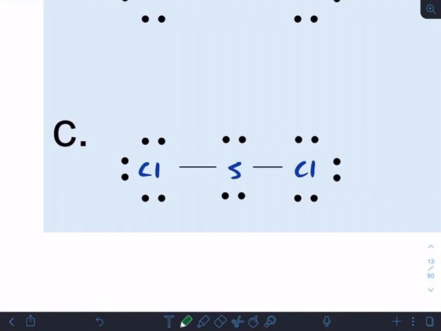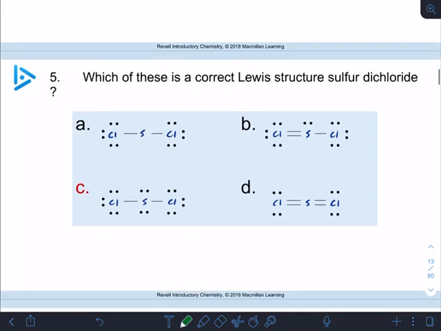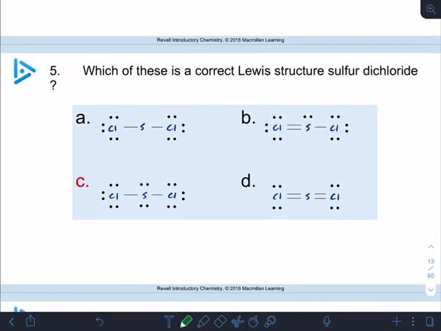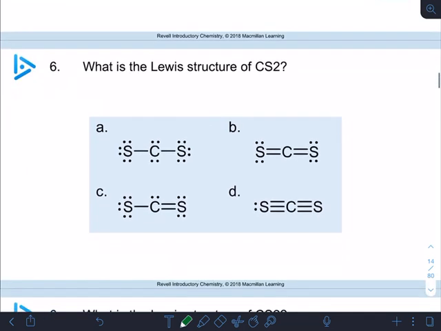So D is also not a correct Lewis structure. So what we're going to find is that C has the right number of valence electrons, and when I get to formal charge, I'll explain why this one is a better drawing. But I'm not quite ready to explain formal charge yet.